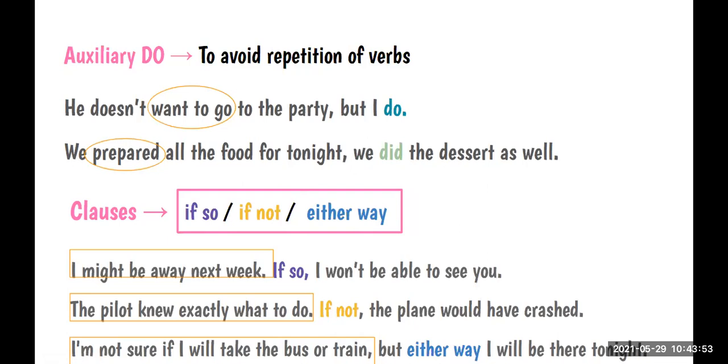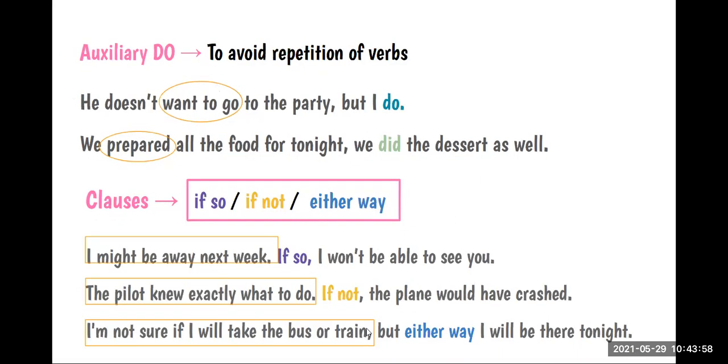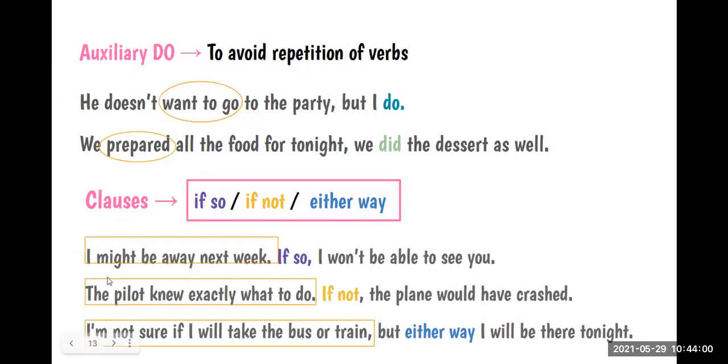Teacher, what's the difference between if so and if not? Okay. The difference is, for example, por ejemplo, esta es positiva. Si pasa de que yo no estoy aquí la siguiente semana, yo no voy a verte. Si pasa, esto es para positivas, pero esto es para negativas.